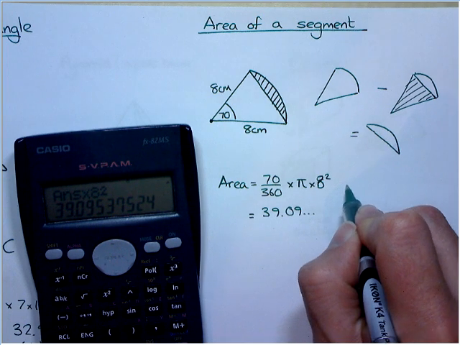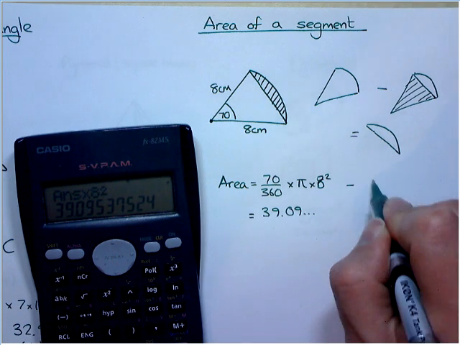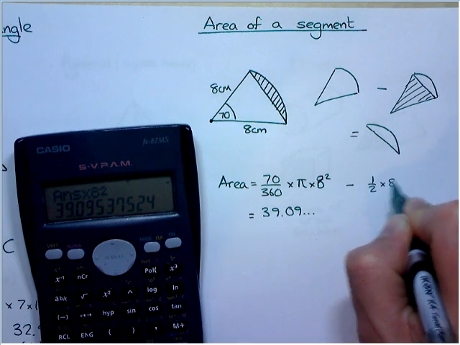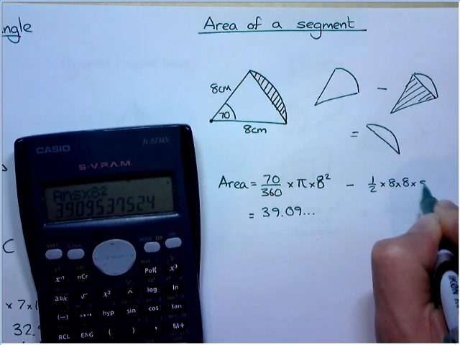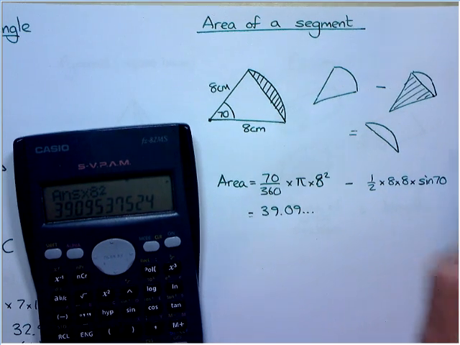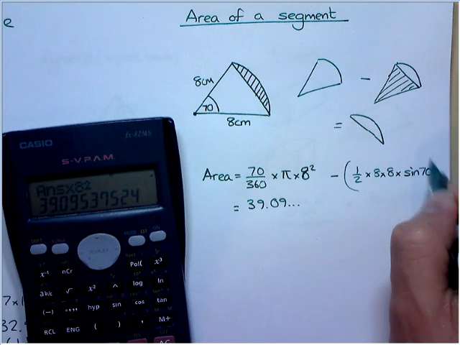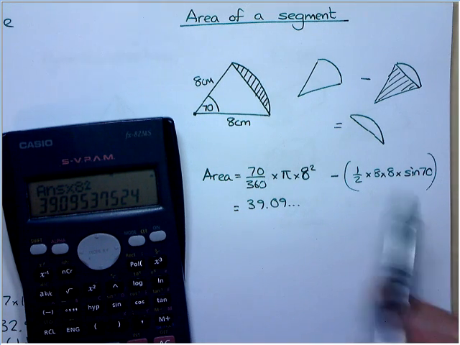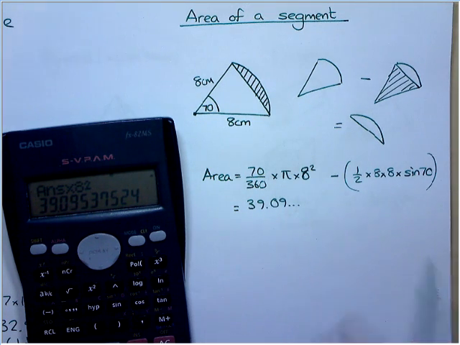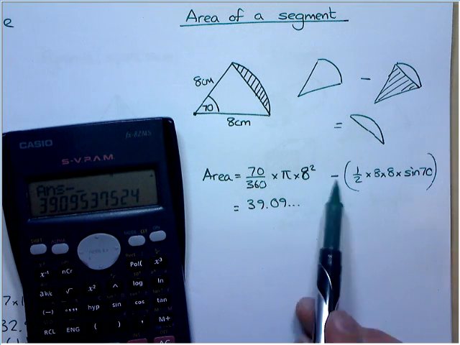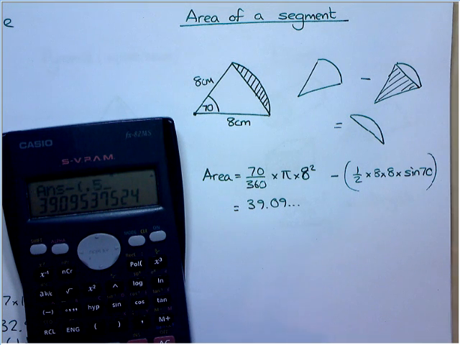And we're going to take away the area of the triangle, which is half times 8 times 8 times sine 70. So that I don't lose any accuracy, if I just put that in brackets, it will just remember this. So I'm going to press take away, open brackets, 0.5 times 8 times 8 times sine 70.